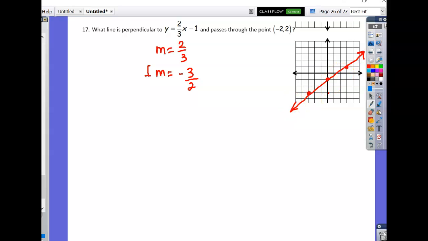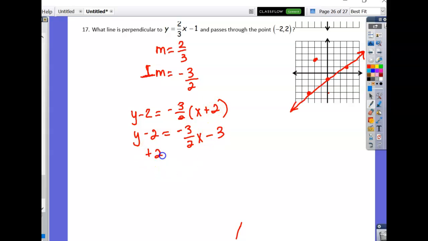We want it to go through the point negative 2, 2, and we don't want to just draw a line perpendicular. We want to make sure it actually works out. So our perpendicular slope is negative 3/2, and we're going to use this point negative 2, 2. So y minus 2 is going to be equal to negative 3/2 times x plus 2. Y minus 2 is equal to negative 3/2 x minus 6/2, so minus 3.